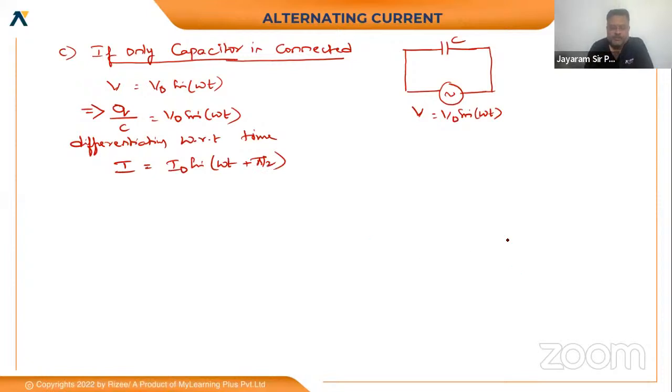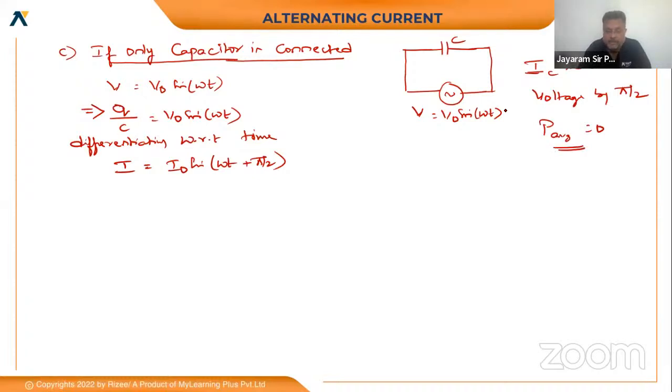So what is the meaning of this? That is, the current I in the capacitor leads the voltage Vc by pi by 2. So in this case also the average power is equal to 0. Remember this point: power will be dissipated only across the resistor.